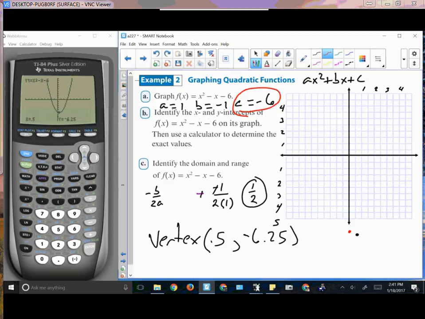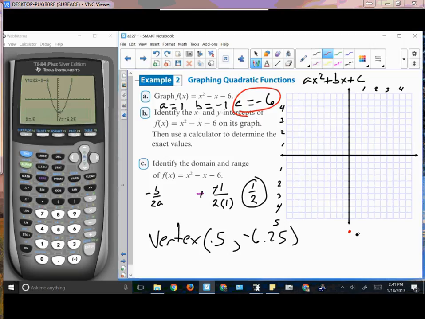Now, do you know what the shape of a parabola looks like? Kind of a U shape, right? Okay, so if this is a U shape, my vertex is down here, I've got another point on here. Do I know which way it's opening? I know it's opening up. I also know that if this is at 6.25 right here, that's 0.25 away.